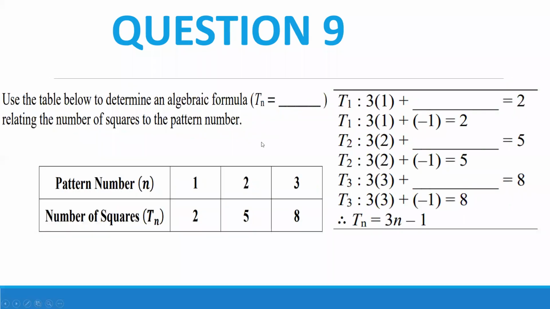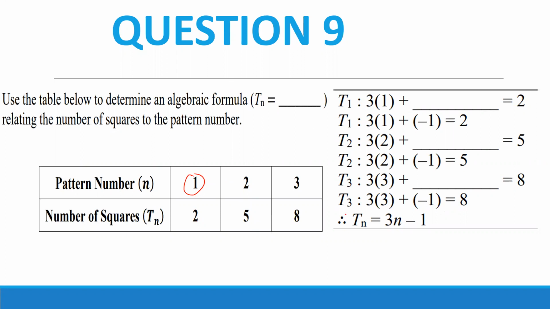As you see how we did, we just tried. I started with 2n, because 1n doesn't work. 2n worked for this, but didn't work with the other. 2n plus 1 didn't work, and I said 3n. 3n didn't work, but 3n minus 1 was working.